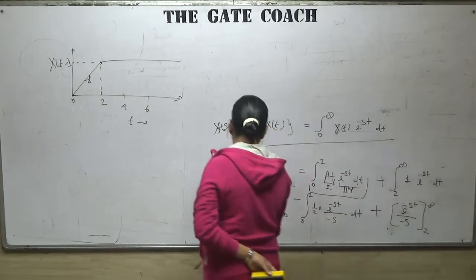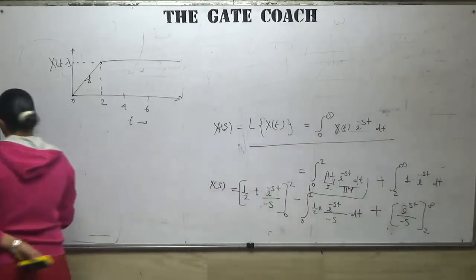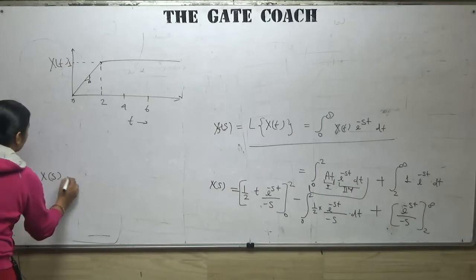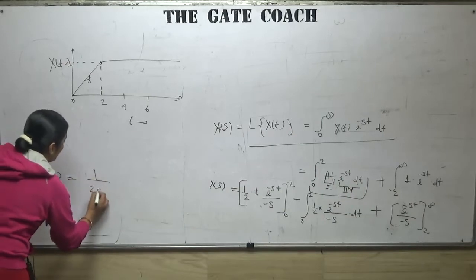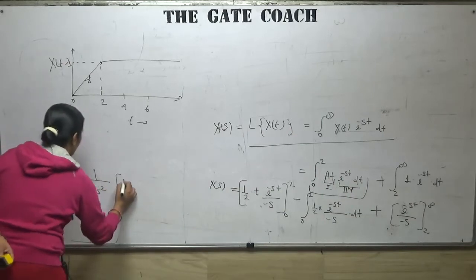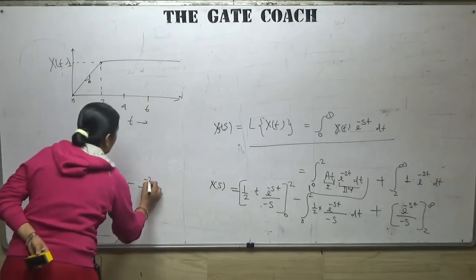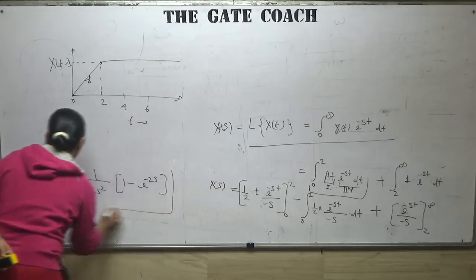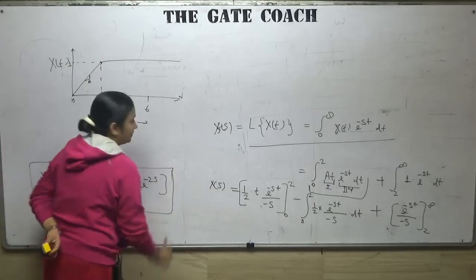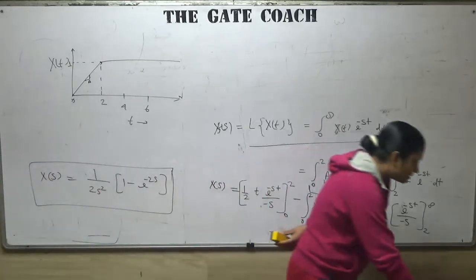When you solve this, you will get the final result, X(s) is equal to 1 upon 2s square into (1 minus e to the power minus 2s). Do you get this answer? Have you got this answer? 1 by 2.